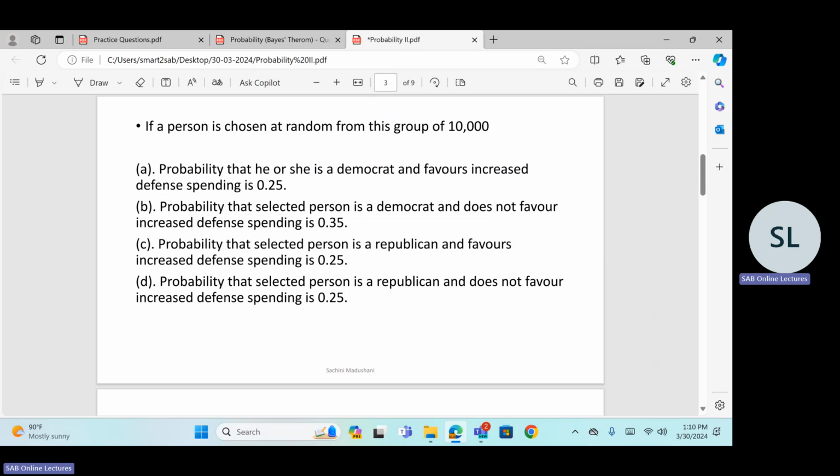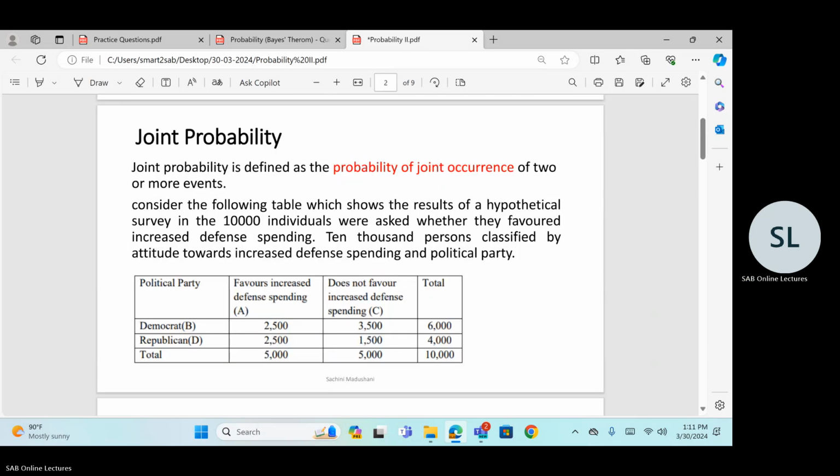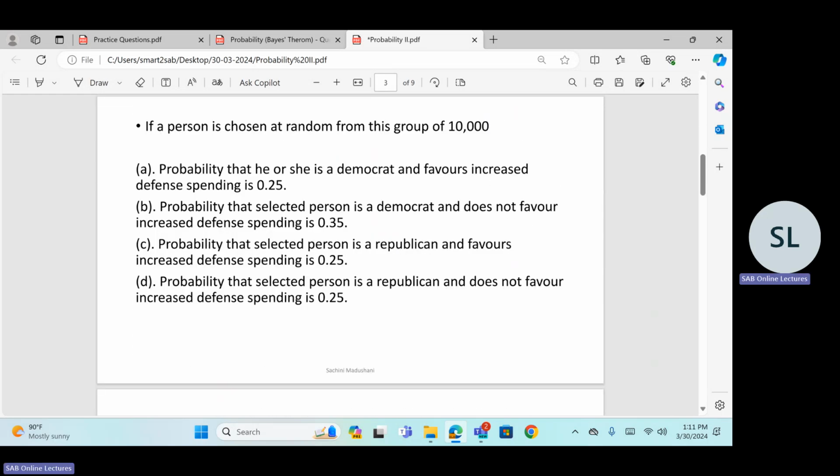Normally, and in the probability concept we call intersection. Here we ask the probability that the selected person is a Democrat and does not favor increased defense spending. How many of them? Political party is Democrat, and does not favor increased defense spending. 3,500. How to write the probability value? 3,500 over 10,000. Understood?